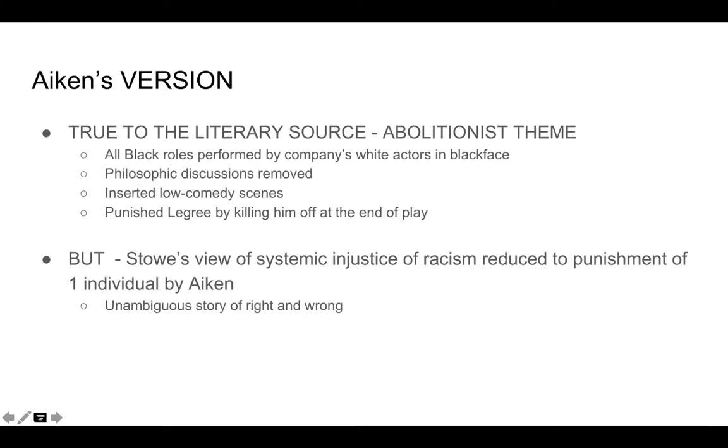You remember Simon Legree was the one that put the edict down. But Stowe's view of systematic injustice of racism was reduced to the punishment of one person. And so this simplistic viewpoint that was presented on stage did not reflect the nuanced novel, but did reflect the theme of the novel, but it became this unambiguous story of right and wrong.